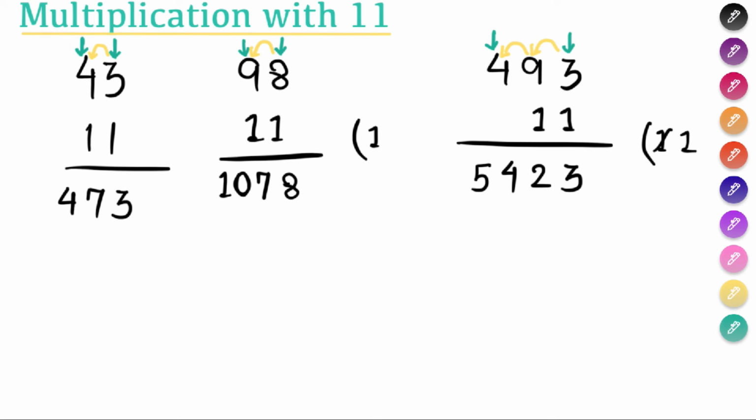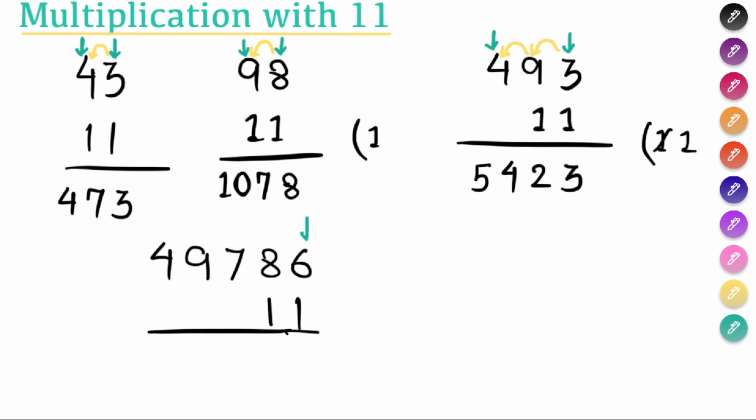So let us try multiplying a 5 digit number. Suppose we have 49786 into 11. So first step, the rightmost digit, that is 6. Second step, add it to the next digit, that is 6 plus 8 is 14 and we have 1 as carryover.